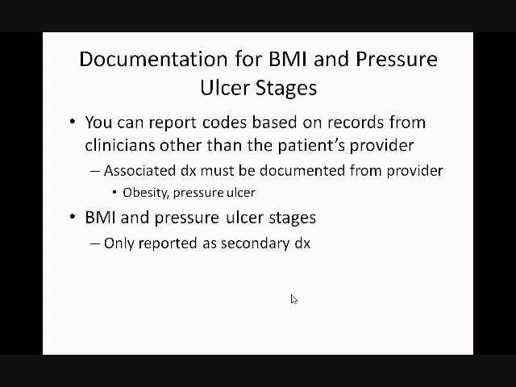So even though you code from the record of Dr. B now, and Dr. B is not the primary provider for this patient, you can still use the stage because it connects to Dr. A's pressure ulcer. One of the main reasons here is that it's not going to affect much in terms of coding. It's only going to be used as a secondary diagnosis.